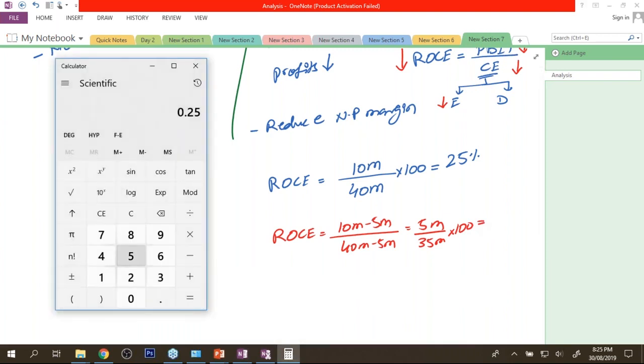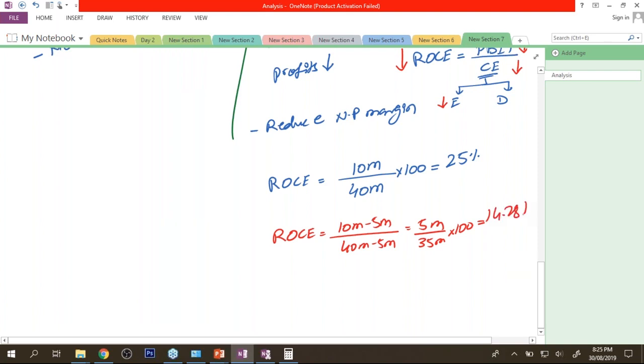And if we check the ROCE now, 5 divided by 35 into 100 is going to be 14.28%. So the return on capital employed has reduced, although we have deducted the same amount from the numerator and the denominator. So if we deduct both the values in the numerator and denominator, the net value will be a decrease.